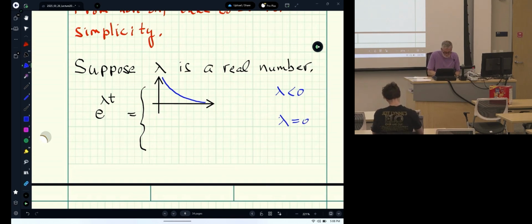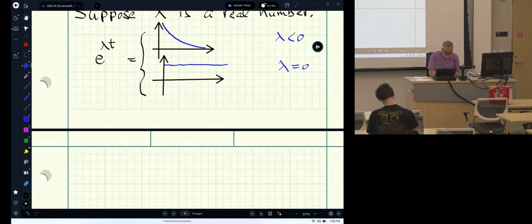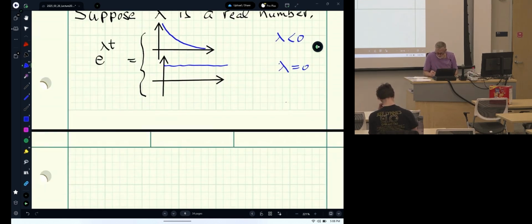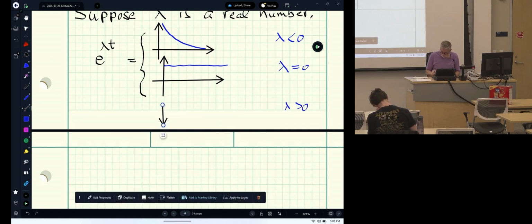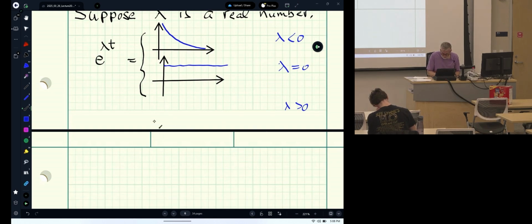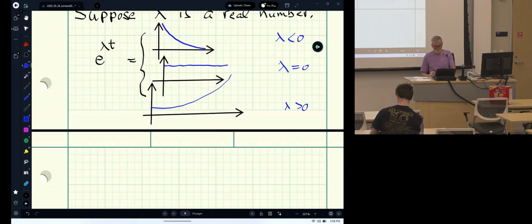Lambda equals 0. So it's just a constant. And then lambda positive. Let's get my axis going like this. It blows up.